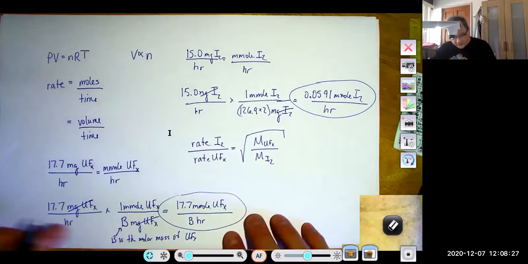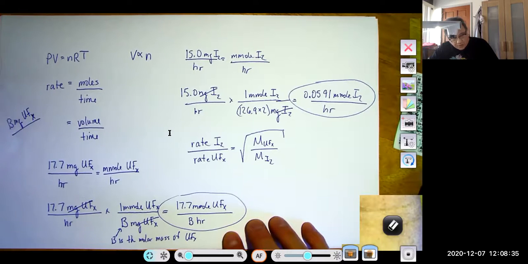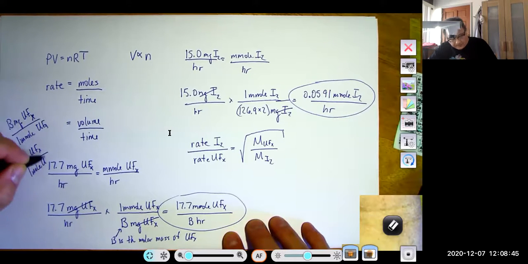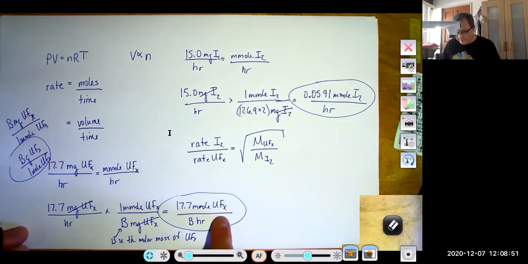When I say that's the molar mass, we've got B milligrams of uranium fluoride per 1 millimole of uranium fluoride, which is the same as B grams of uranium fluoride per 1 mole of uranium fluoride. So B is indeed the molar mass of uranium fluoride.